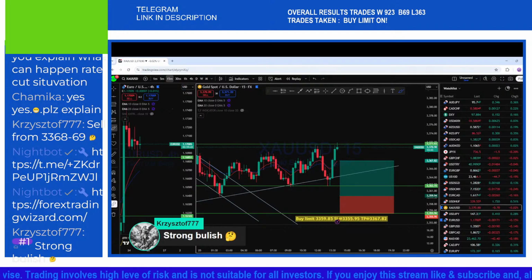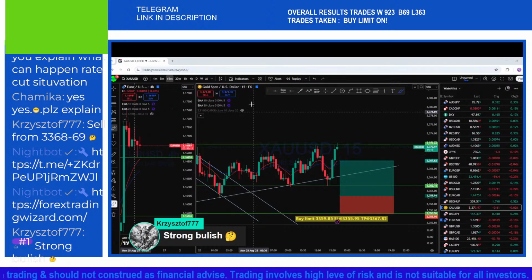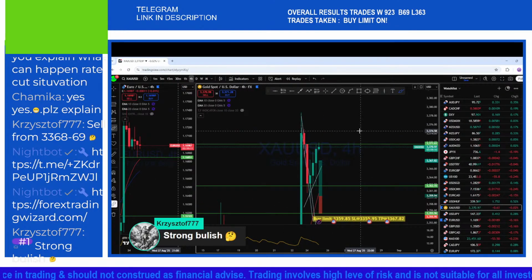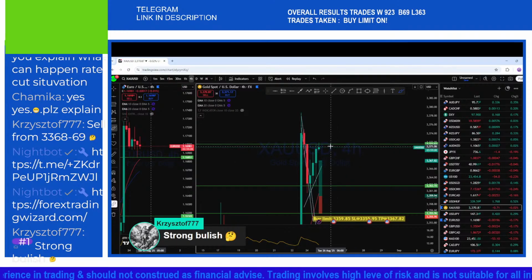The price has just crossed that intraday resistance here, and you can see the price has just closed the 4-hour in that area, and slowly the market is trying to pull back again. The price has just crossed the daily high.